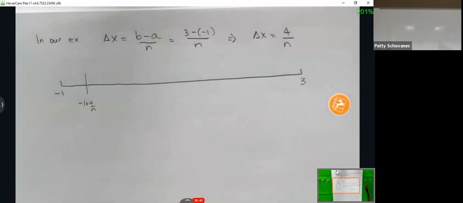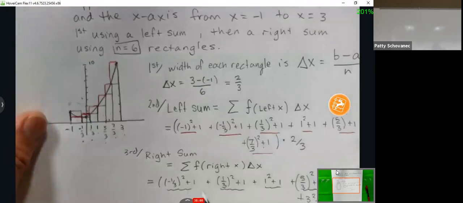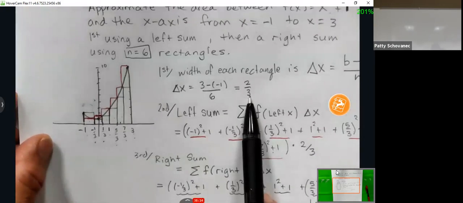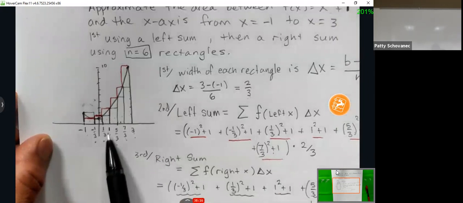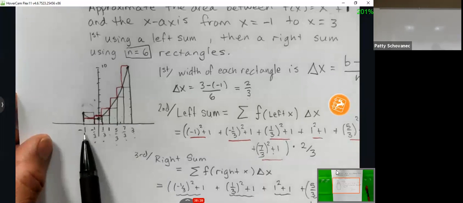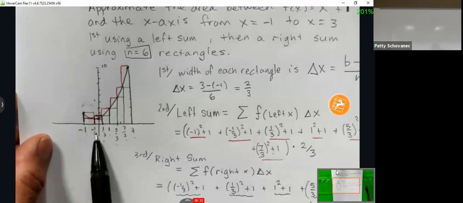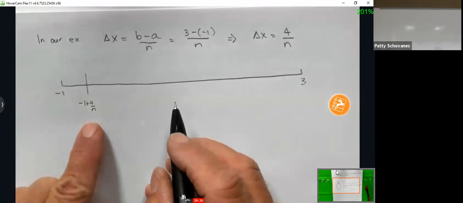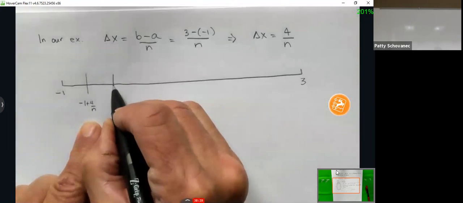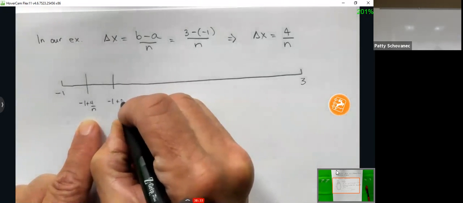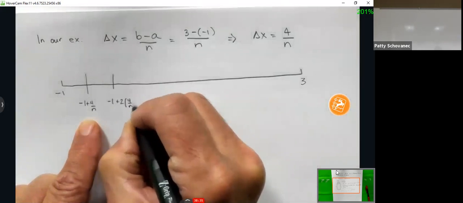And remember, that's how I got these numbers back over here. I started with negative 1, and I added 2/3 to it. Then I added 2/3, 2/3, 2/3 more. I'm just doing this in general, starting with negative 1, and I'm adding a delta x to it. So now if I add another 4 over n here, I get to the next endpoint. So that's -1 plus 2 times 4 over n.